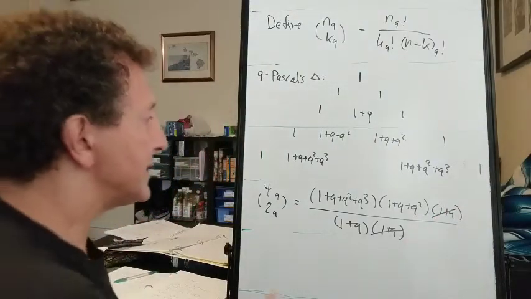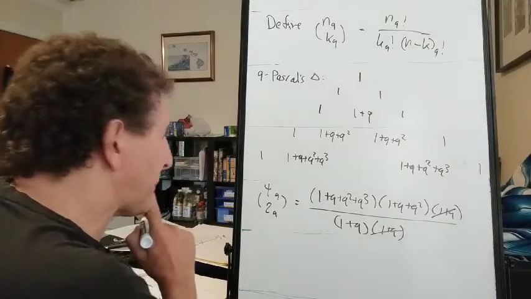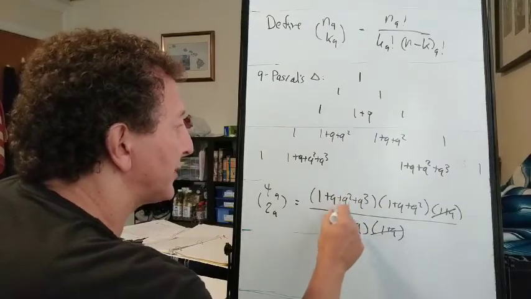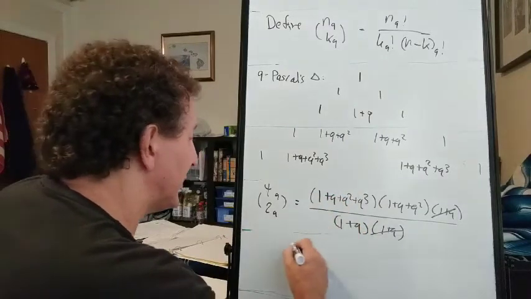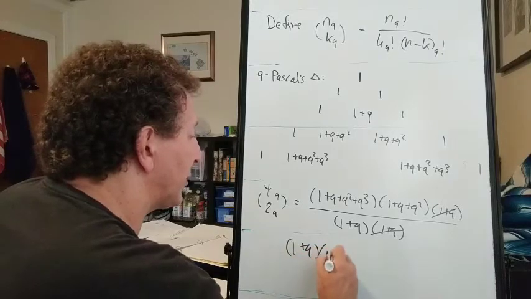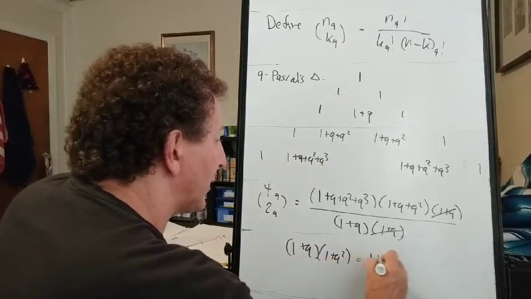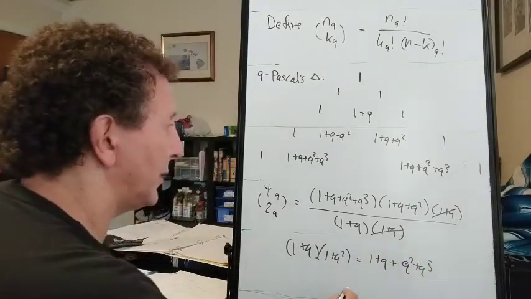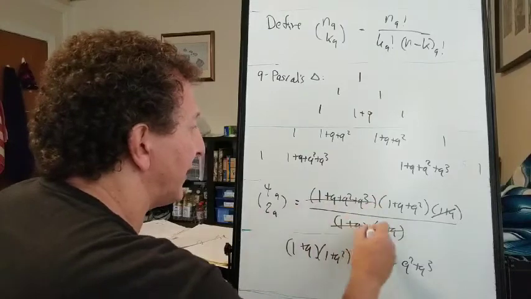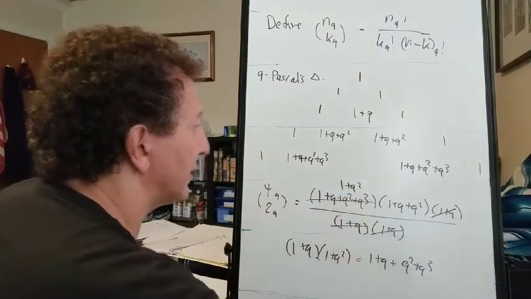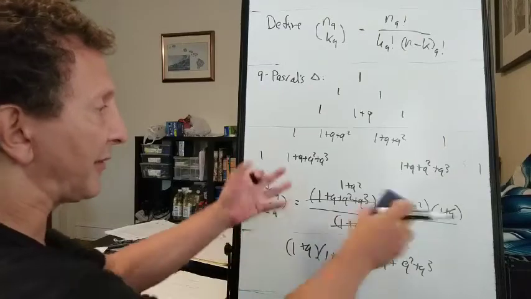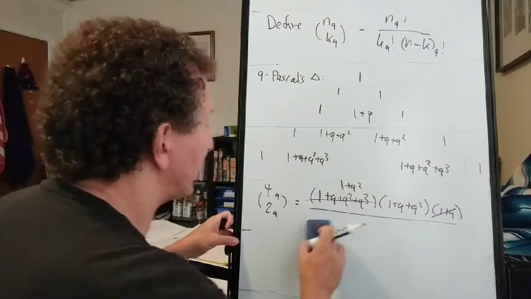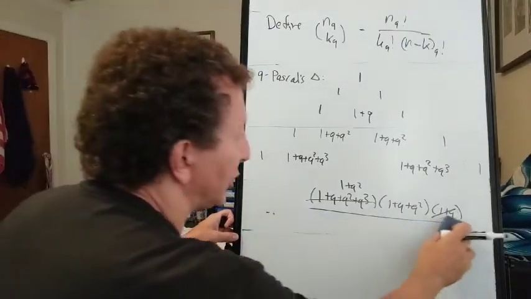And if we write out what's on top, oh, actually, let's see. This is 1 plus q times 1 plus q squared, isn't it? 1 plus q times 1 plus q squared would be 1 plus q plus q squared plus q cubed. So that means that we can cancel this and that and make this a 1 plus q squared. And then there's nothing left to cancel on the bottom, so what goes here is 1 plus q squared times 1 plus q squared.